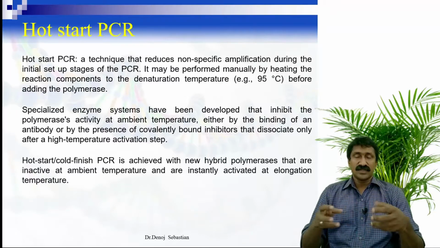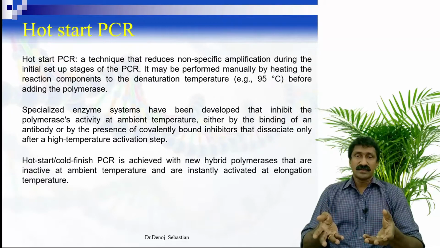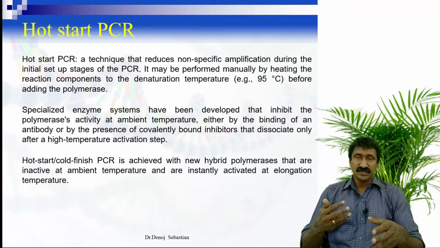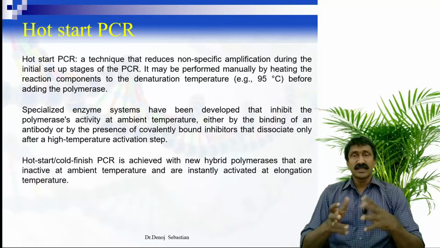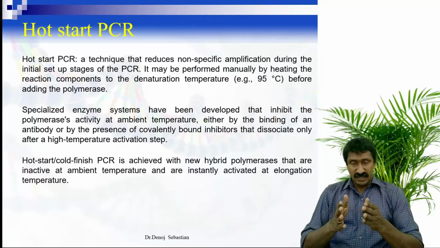Even if the reactants were already mixed and the PCR machine started, the PCR reagents start working even before the starting of the cycle and before the concerned temperature is reached, then non-specific binding and amplification can occur, and that needs to be prevented.